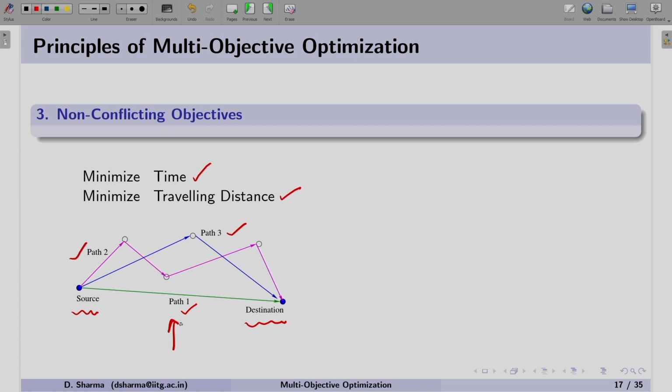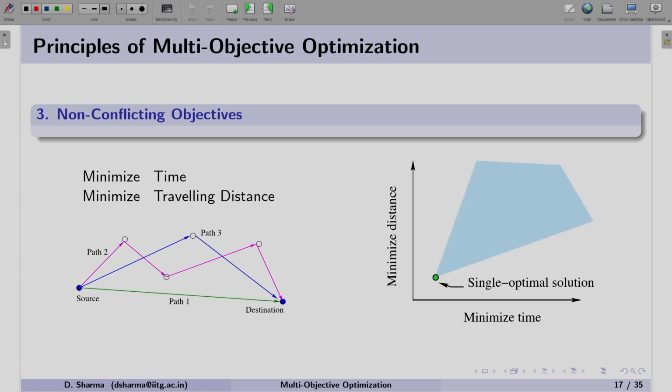Similarly, if we want to minimize the traveling distance, we will also choose path 1. So, in this case, whether I minimize the first objective or the second objective, I am going to get the same solution.